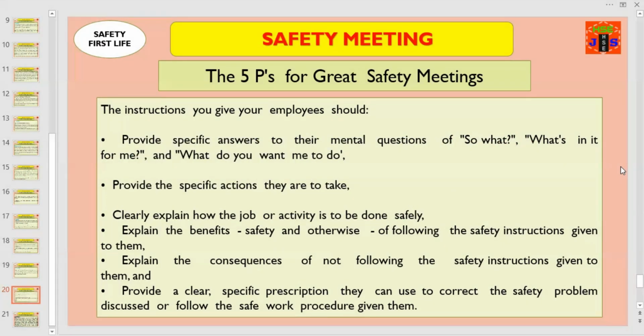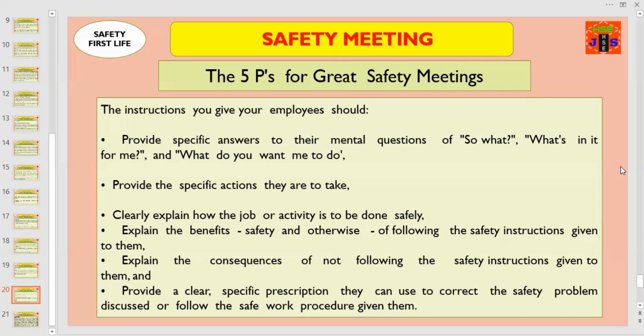Dear friends and colleagues, I do hope and believe if you understand the concept of 5P's, you can convert every safety meeting into a great safety meeting. You can communicate well. You can instruct well. You can guide well. You can prescribe well.